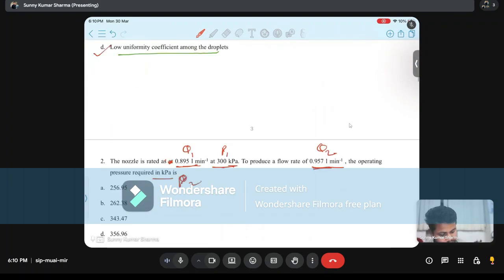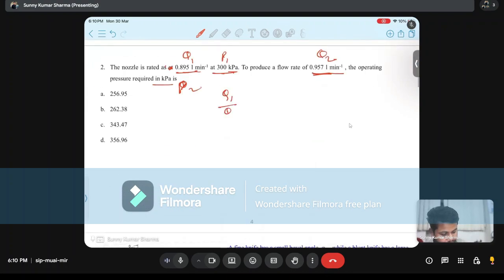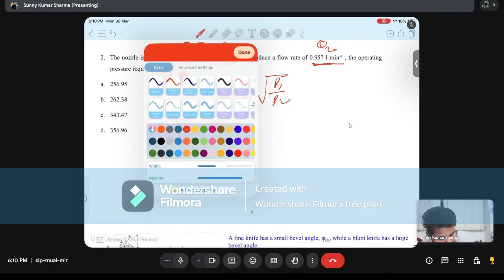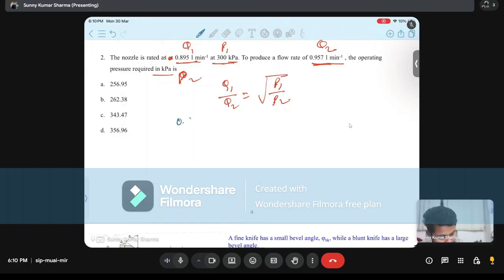Q1 by Q2 is equal to the square root of P1 by P2. From here we can solve it. Q1 is 0.895, Q2 is 0.957, equal to P1 by P2, where P1 is 300, and this will become a square.